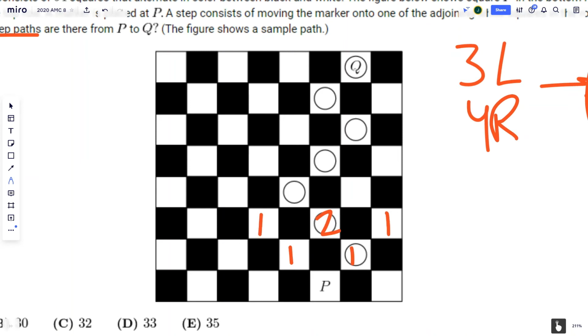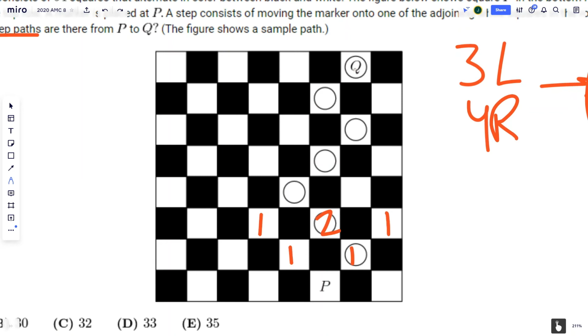We can keep doing this for every white tile above it, as long as it's a possible path that P can take. Now the boundary for P's path is this point right here, because at this point, P has to start going to the right since it has taken 3 left steps. So the boundary for P's paths is along this line. Every other point to the left of it cannot be counted.